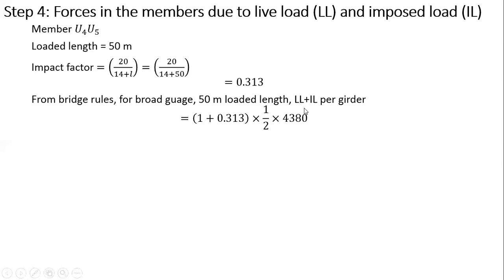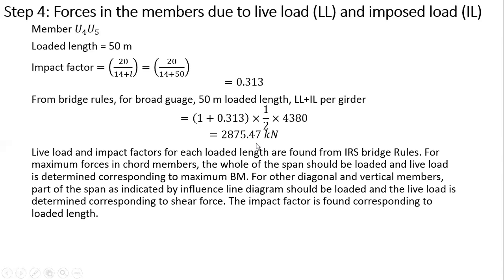This is my load for bending moment for a span of 50 meter. Why do I divide it by 2? Because it is per girder. There are two girders, so for per girder I have divided by 2. So this comes out to be this value.